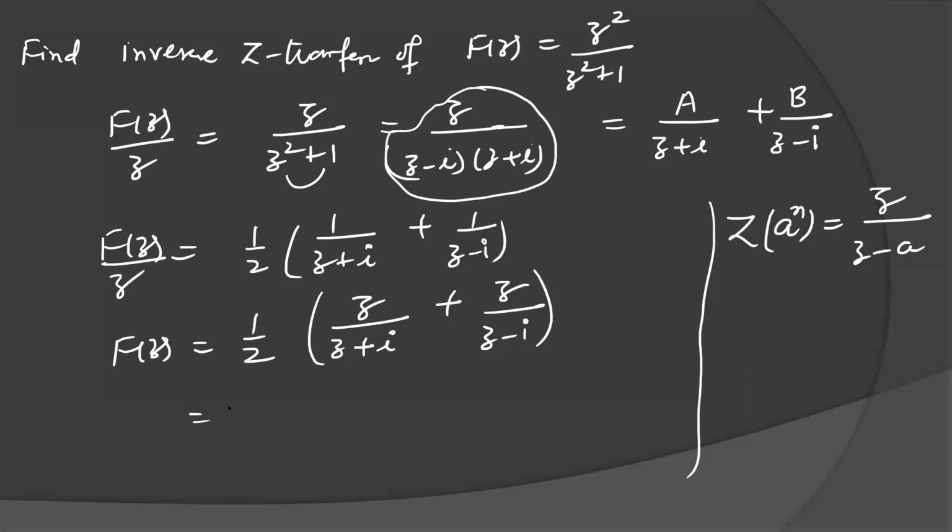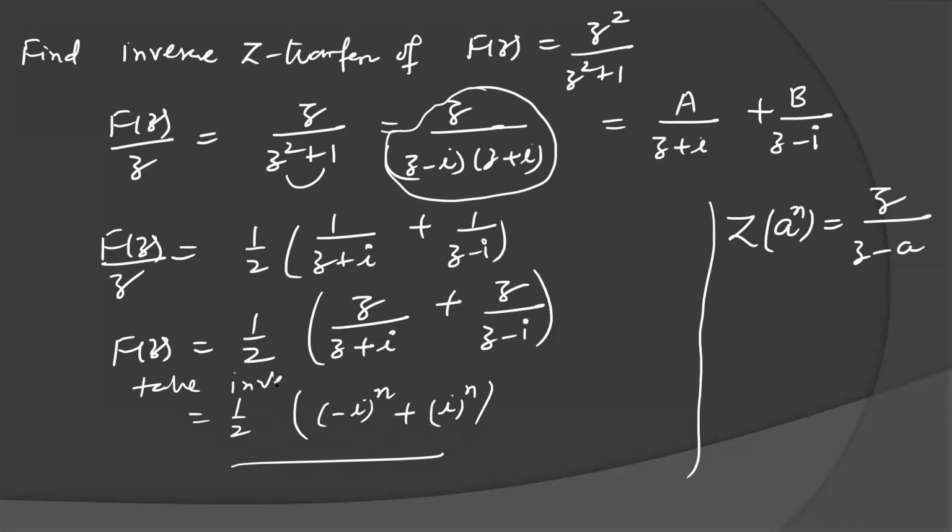In the first part, a is minus i, so minus i to the power n. In the second part, a is i, so it will be i to the power n. If you want, you can simplify it more. Take inverse Z transform both the sides. It will be f(n). Here a is minus i, here it is plus i. You can compare it.